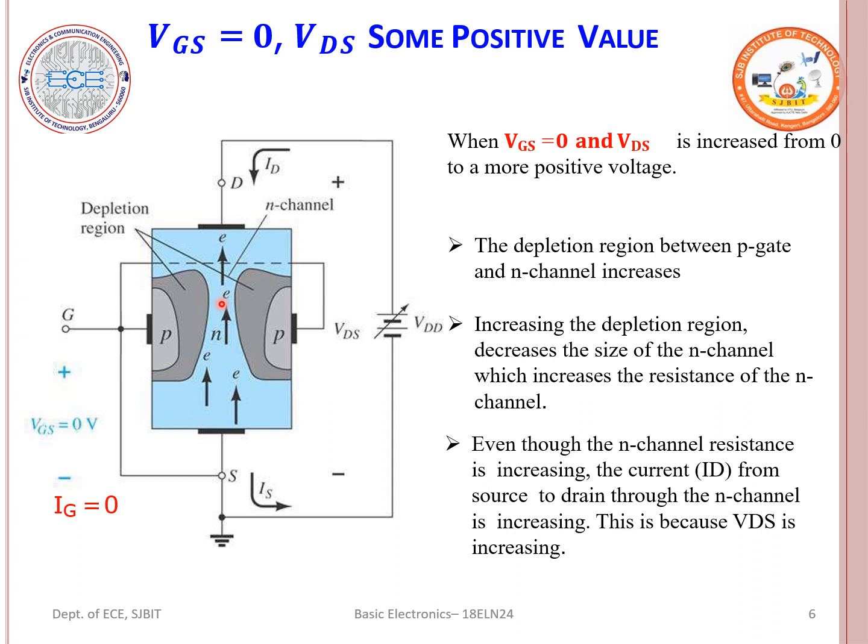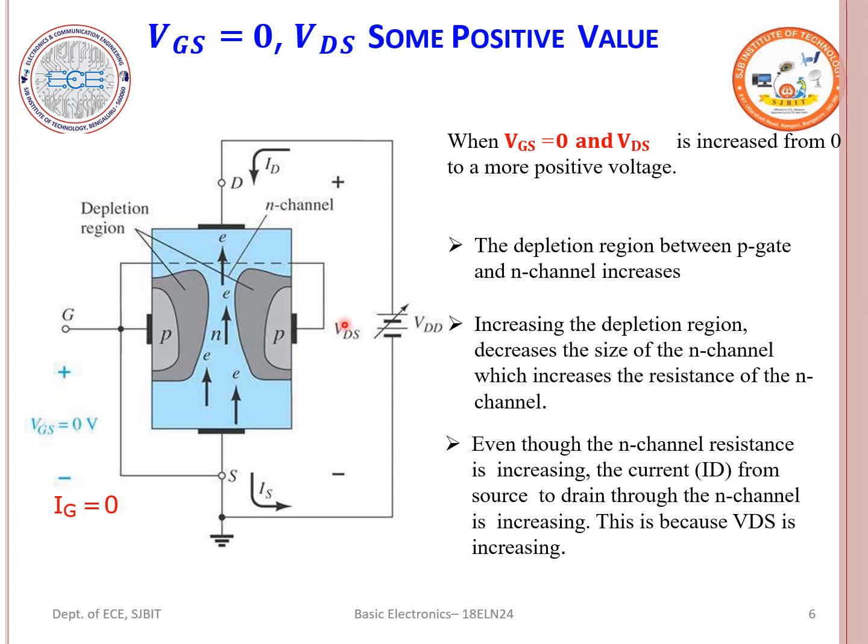Now let us look into the working principle of the JFET. When we come to the JFET's operation, it is an N channel with the drain at the top and the source at the bottom. If we apply the drain-to-source voltage, which we call VDS, across the terminals, the current starts flowing.